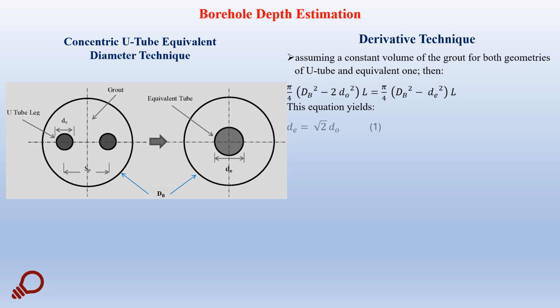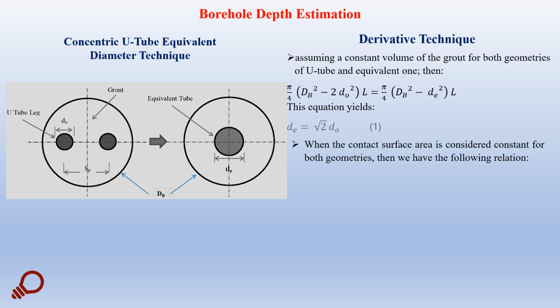In the present model, we are assuming that the surface area has an essential effect, that is, the contact surface area between the two geometries and the grout is an important factor.